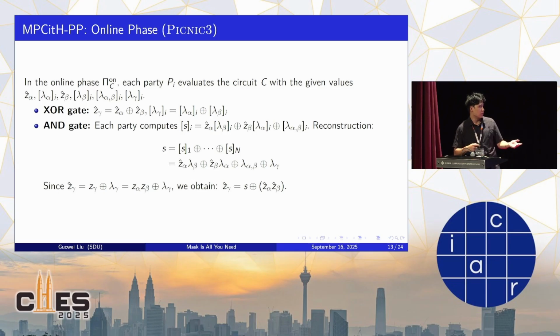And we can use a mathematical method to obtain that the hat gamma equals the hat alpha times the hat beta XOR the hat gamma.